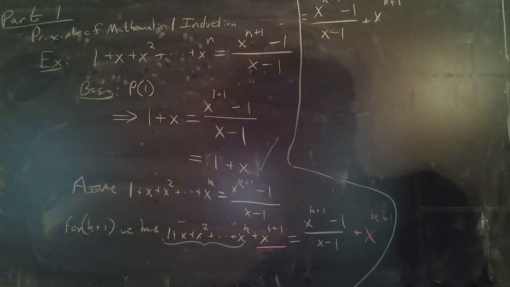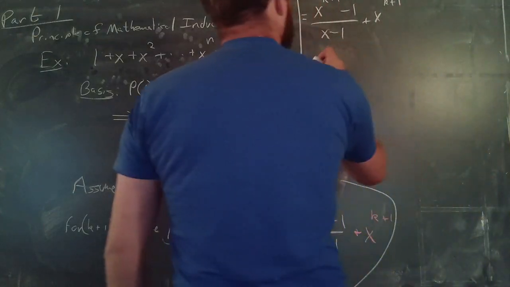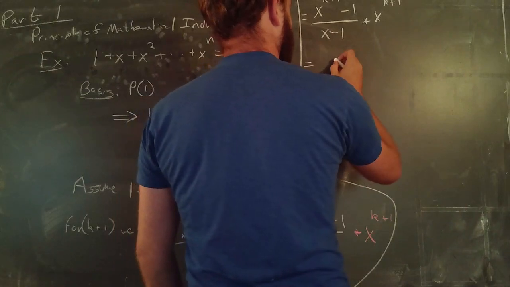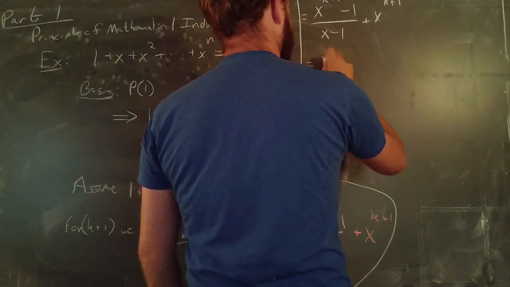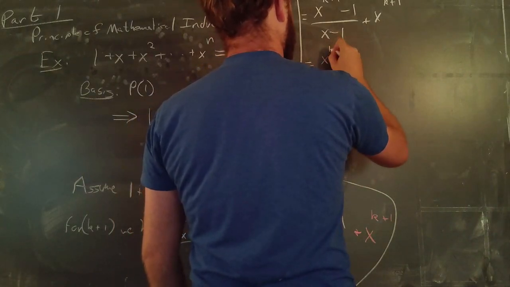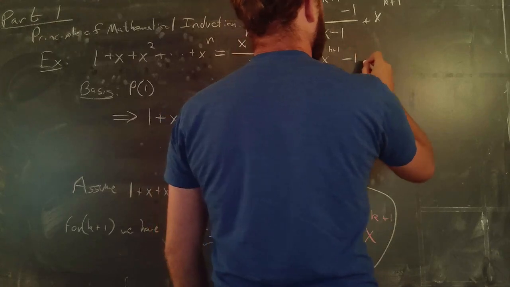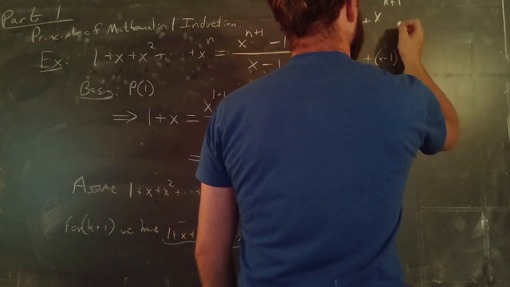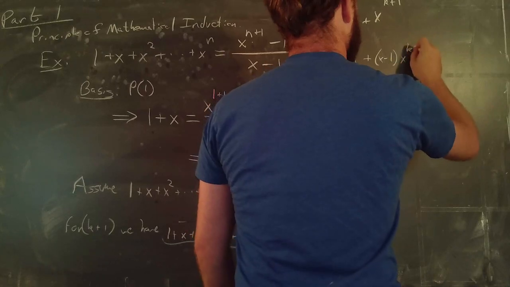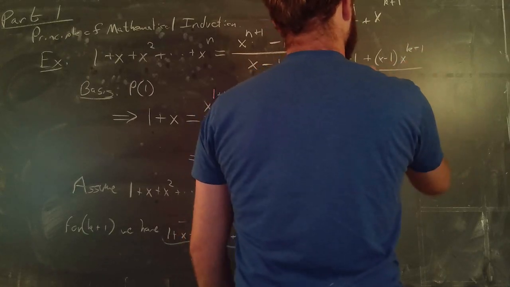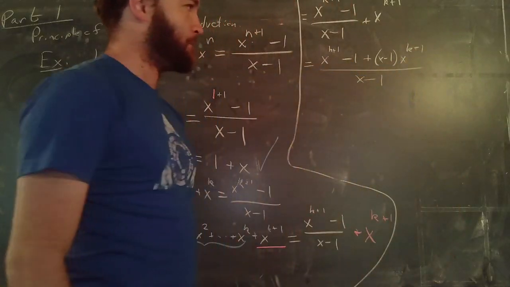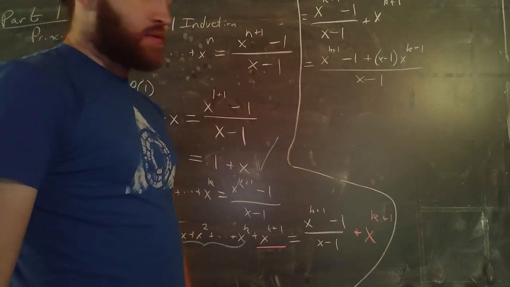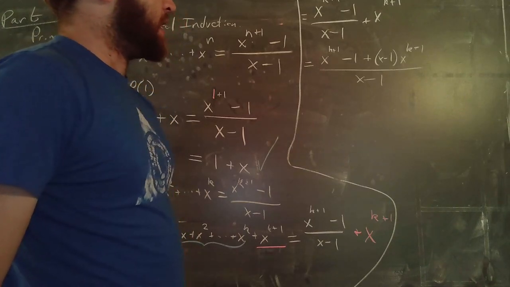Notice here that the common denominator is x minus 1, and so if I multiply both things by x minus 1, what I will actually have is a large statement x to the power k plus 1 minus 1 plus, and then I'll have x minus 1 times x to the power k plus 1 all over x minus 1.